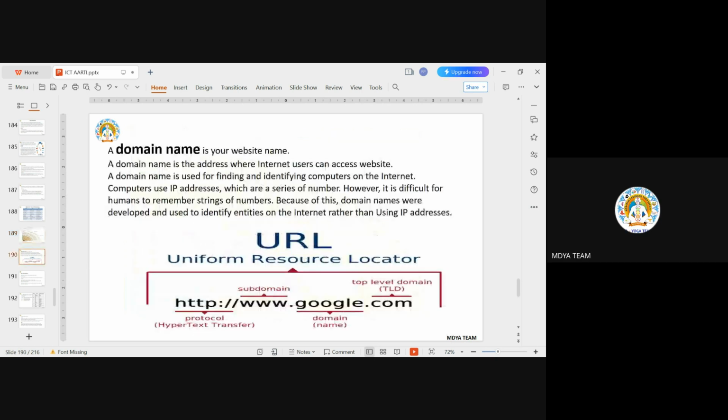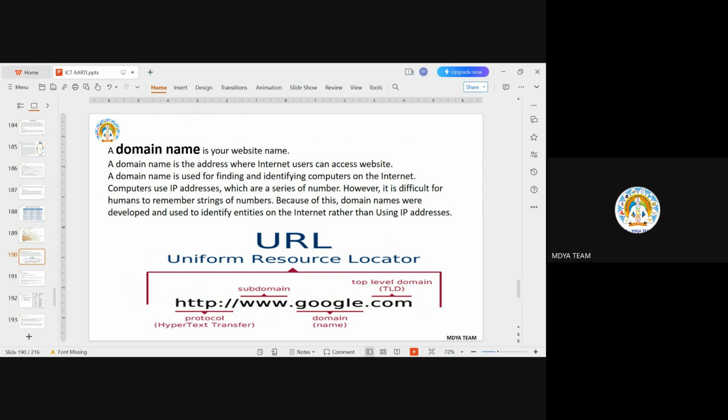Now next is the domain name. Domain name is your website name. As you enter www.facebook.com, or anything that you want to search, you give some address to your web browser.